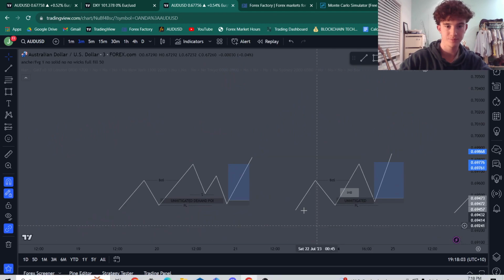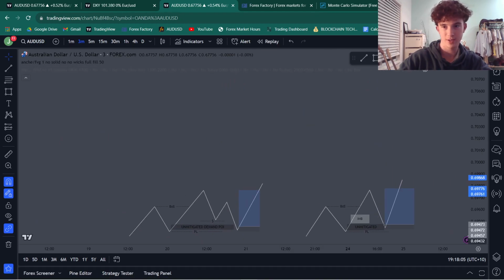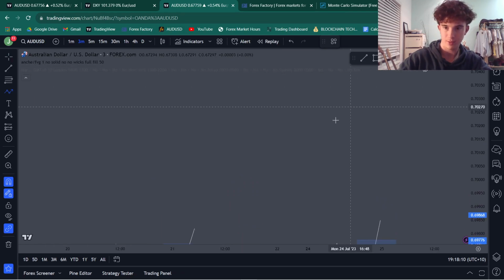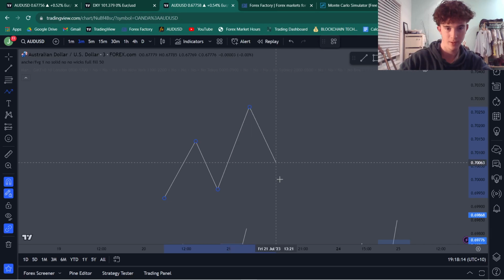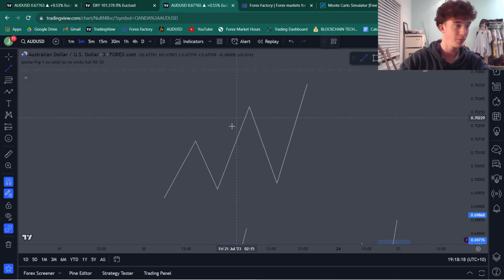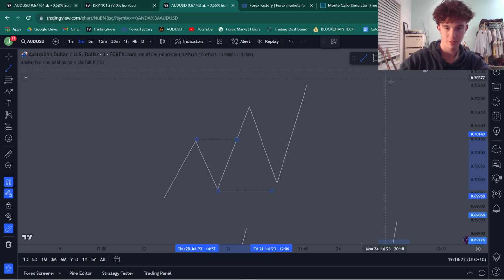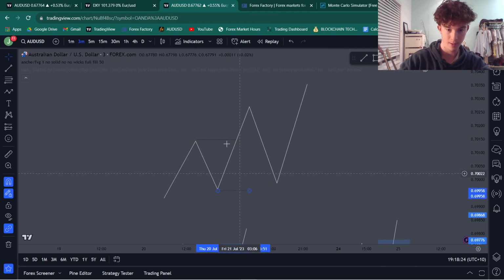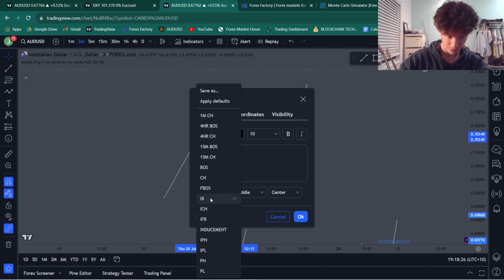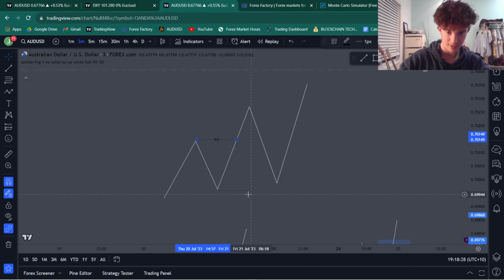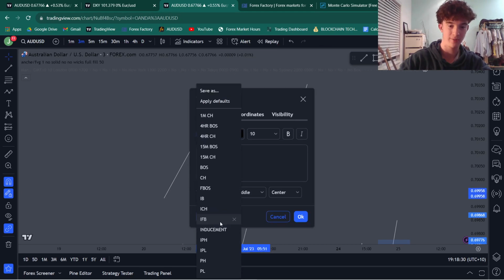Now, what I've seen some people do is just break a structure and just enter off this. But the problem with this is they enter straight off a demand, but it has no confluences, so you've got no imbalance or inducement.